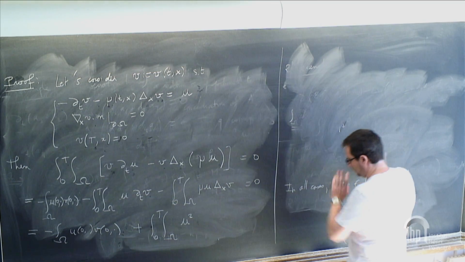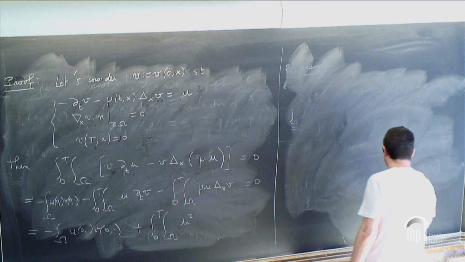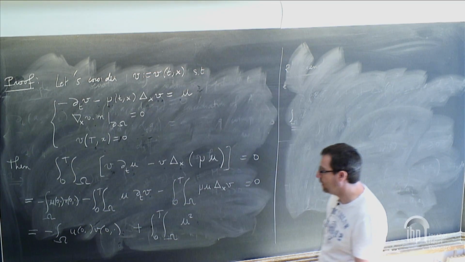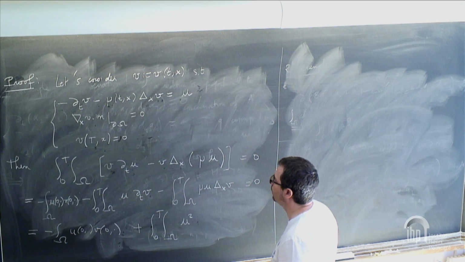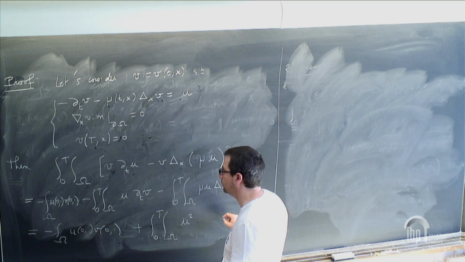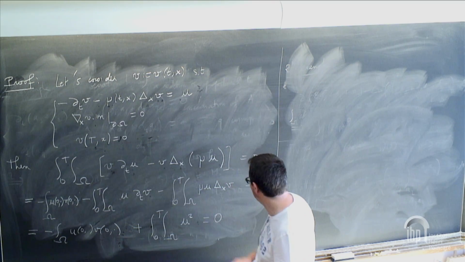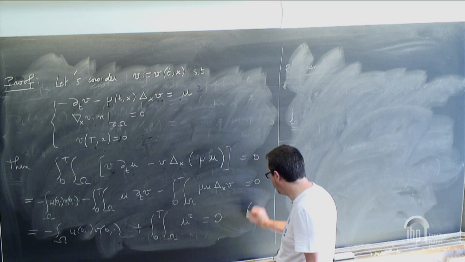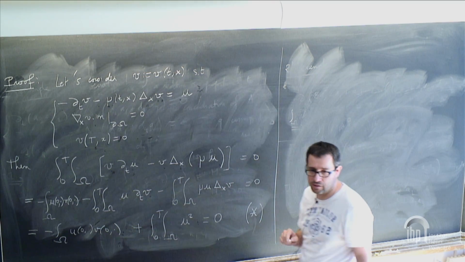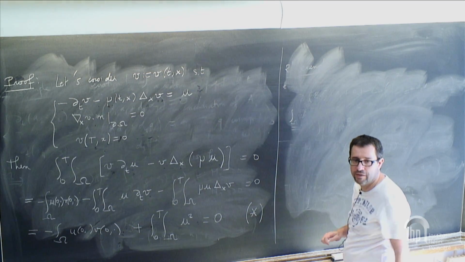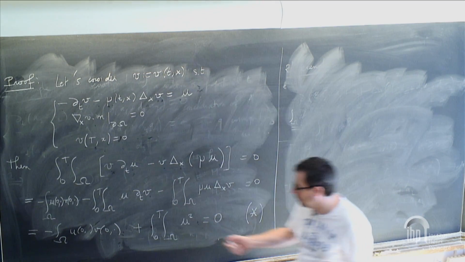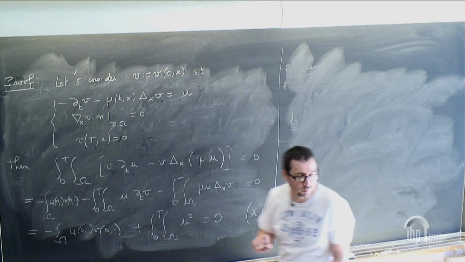So, let's now call this star. So remember that this is equal to 0, okay? Let's call this star, and we keep it somewhere. And now we try to show something on v at time 0.